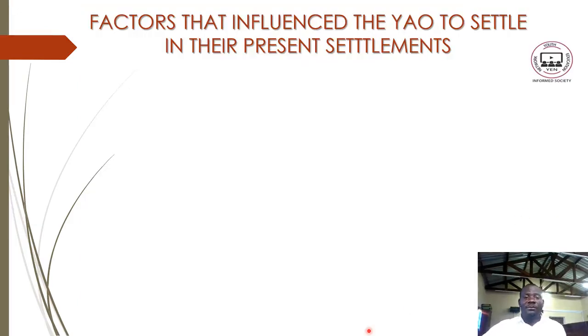Now, we have arrived at a very, very important segment where we really have to take note: why did the Yao settle in the places where they settled? Here we are going to look at factors that influenced the Yao to settle in their present settlement. Why did they choose to settle where they settled?